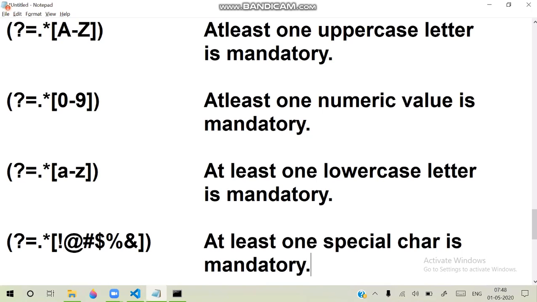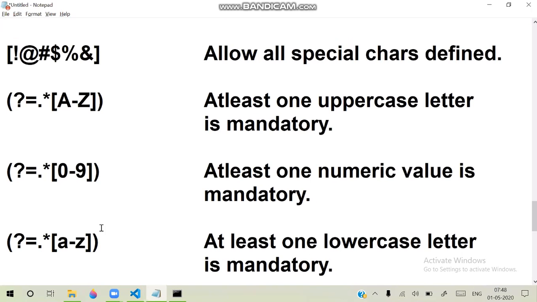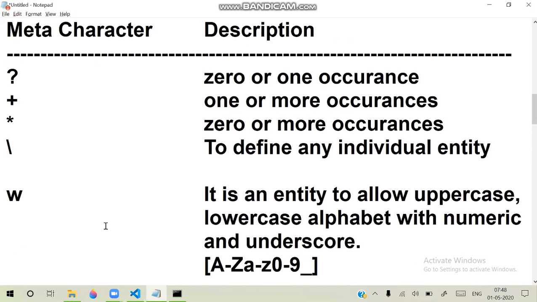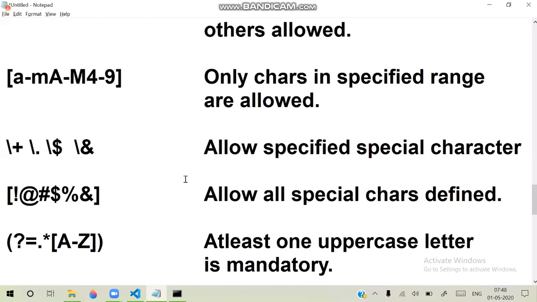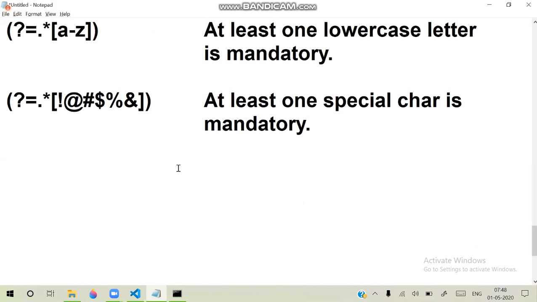These are all the meta characters we need to use in our regular expression. I've given you a basic overview of them. When you are learning JavaScript, jQuery, or using any technology across the world, including testing, anywhere I have to verify the format of an input value, I need regular expressions.